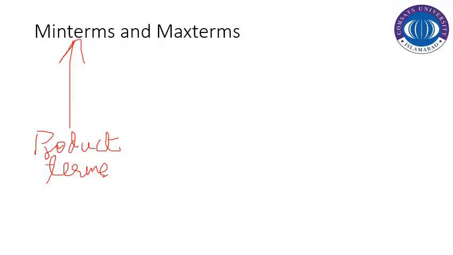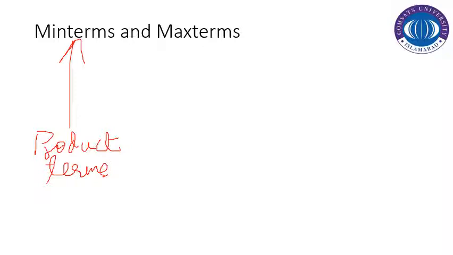As far as its name is concerned, if we have a system of three variables or three literals, then definitely we are constructing the product between all the literals, and the response of that product is always equal to 1 basically. So min terms are the terms that contribute 1 to the output of the function. So all the min terms definitely will contribute 1 to the output.